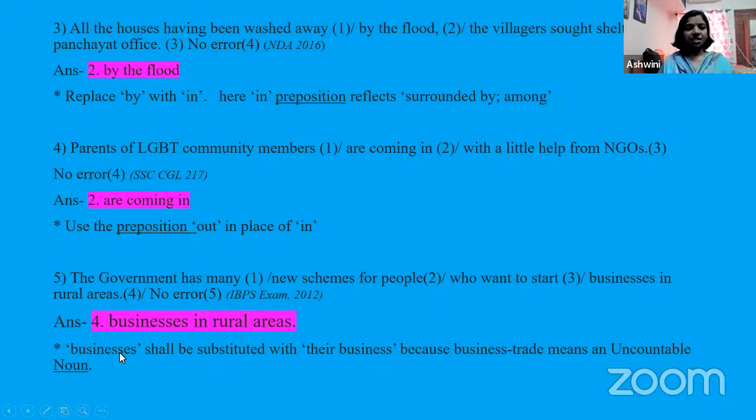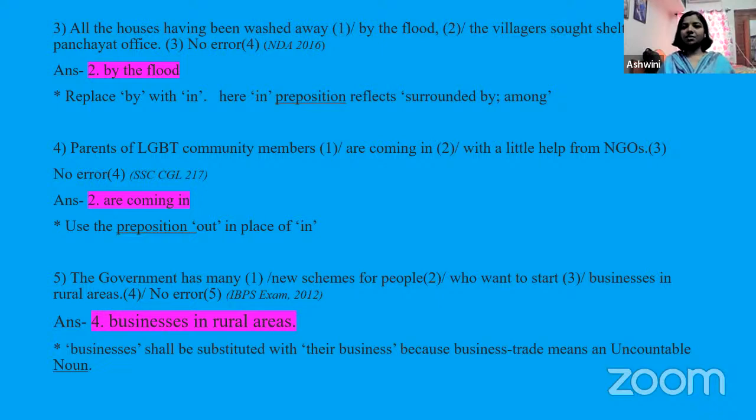This is the answer. Now businesses shall be substituted with their business. Now again, you read that the government has many new schemes for people who want to start their business in rural areas.